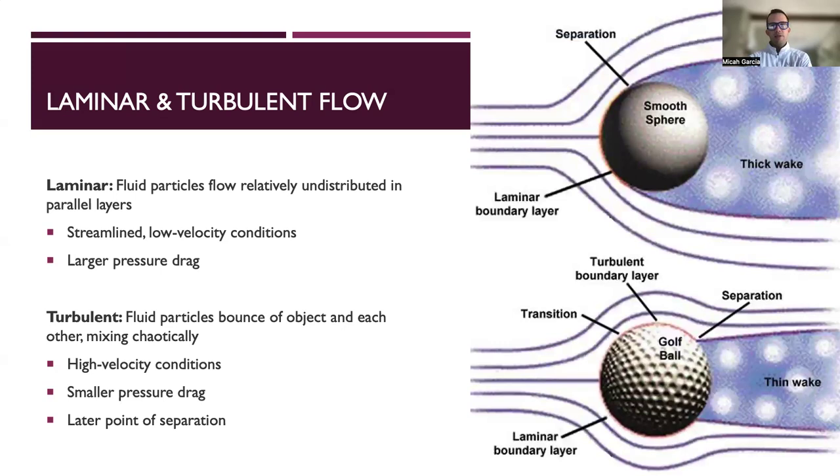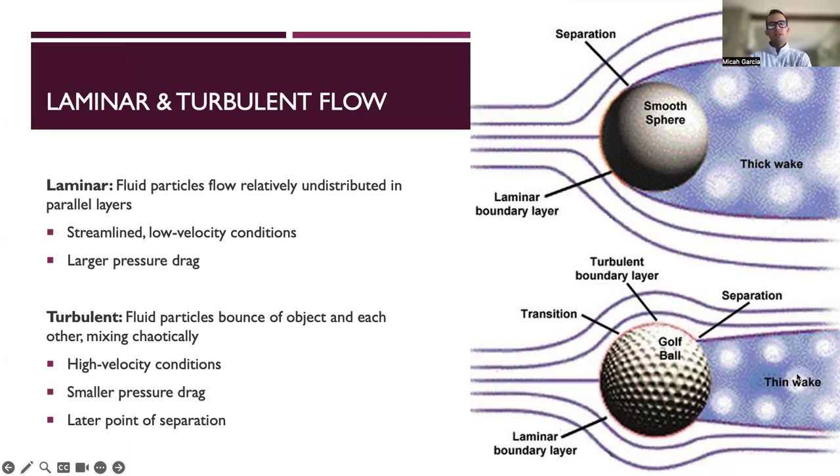So what you can see here is with a golf ball, let's imagine there was one that was smooth compared to the golf ball with dimples. What ends up happening is with this smooth surface, you're going to have this greater magnitude of separation, and you're going to have a very large wake. With the golf ball, what ends up happening now is that there's going to be this turbulent layer that's built around the ball, which then results in separation occurring later and having a thinner wake.